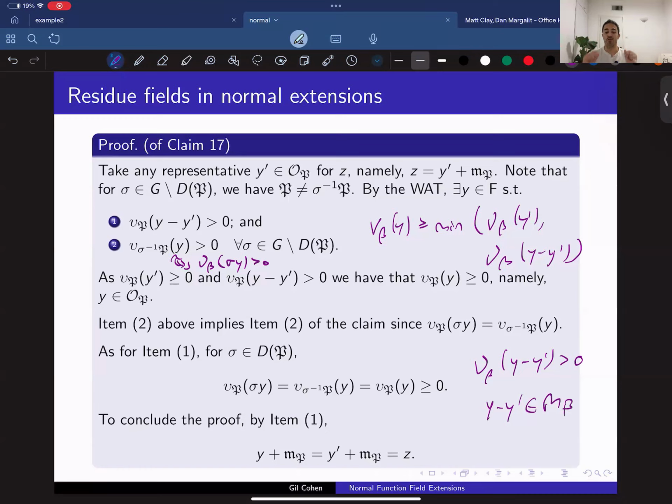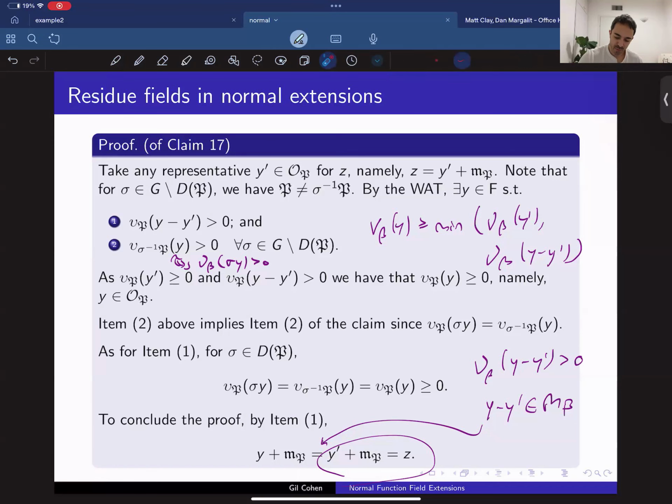Their difference is 0 in the residue field. When you mod out by m_P, which is how you go from the valuation ring to the residue field, you get 0. And that's the same thing as saying this. And this is Z, because y prime was initially a representative for Z.